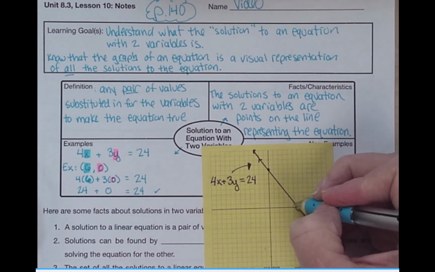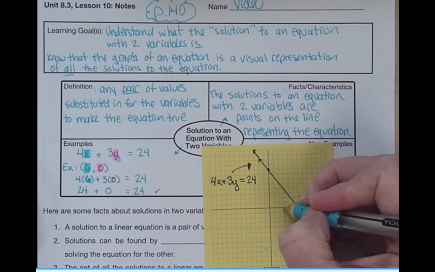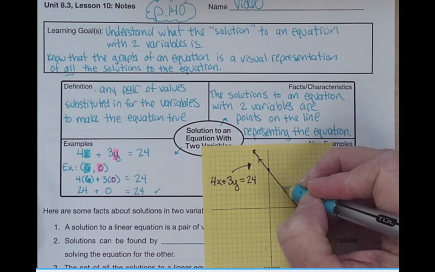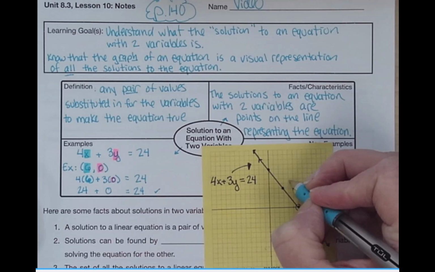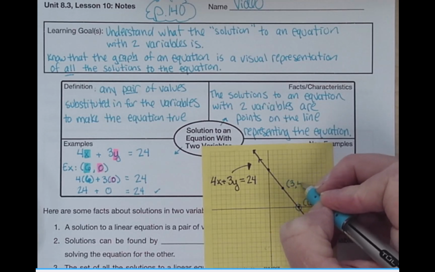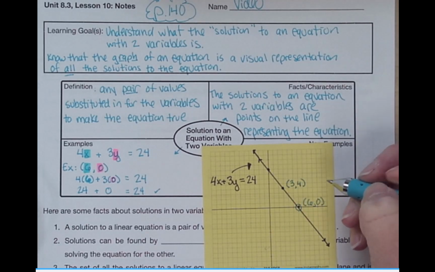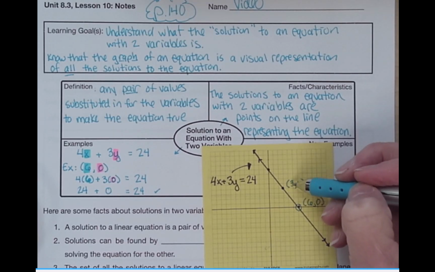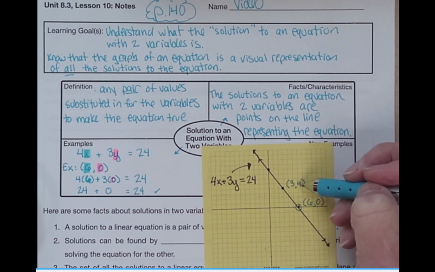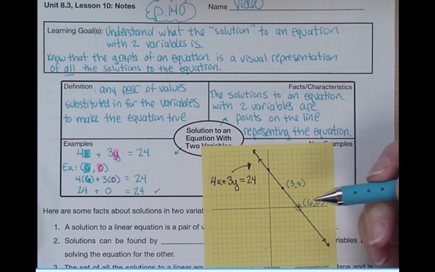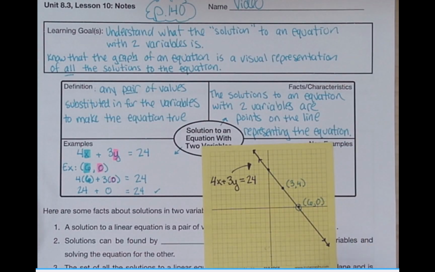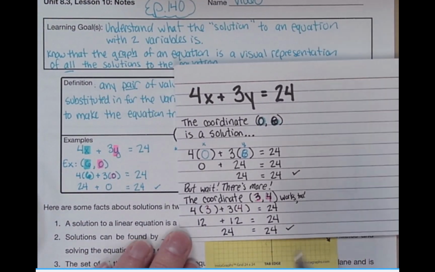Let's take another coordinate. I'm going to take the coordinate (3, 4). It sits right there on the line. And if I were to substitute 3 for x and 4 for y into this equation, it would make the equation true. I've done it already here.